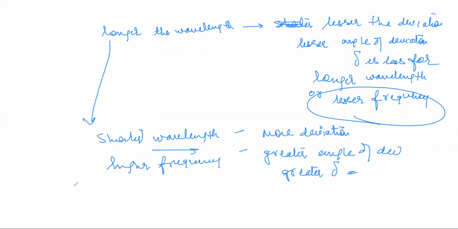So moving from top to bottom in a spectrum, what will happen? Tell me, what will happen? Wavelength decreases.